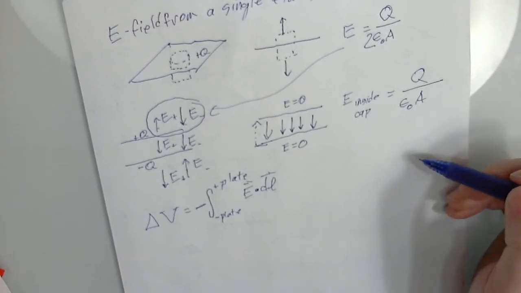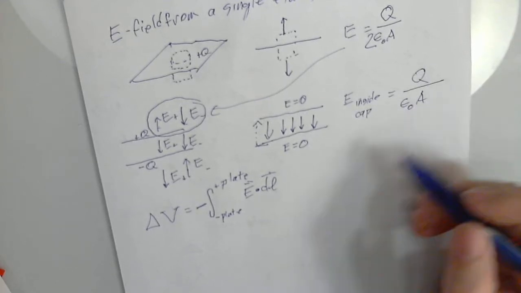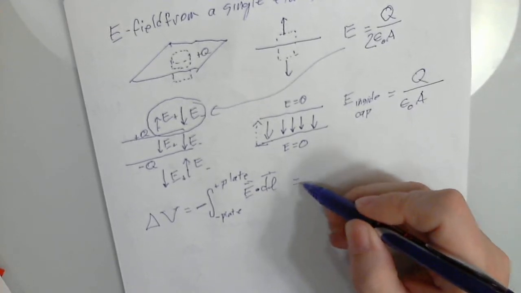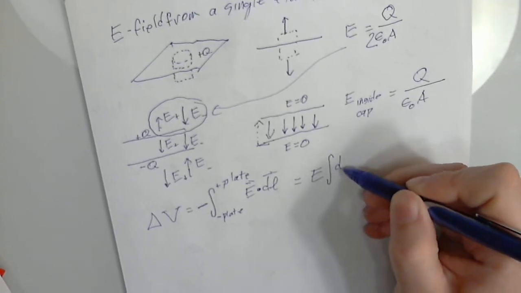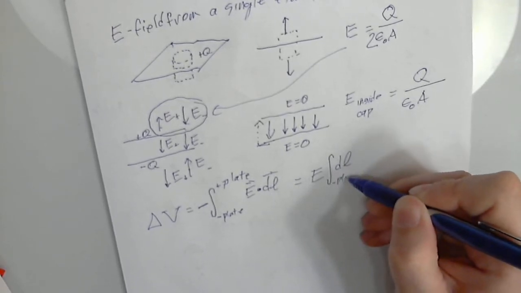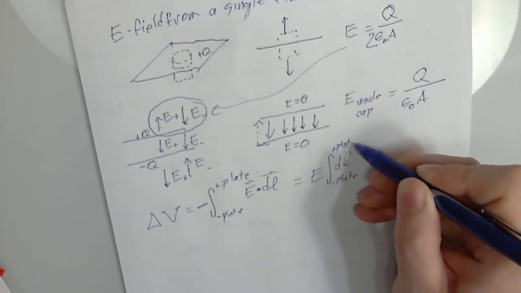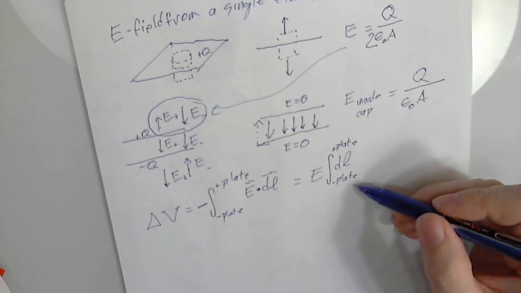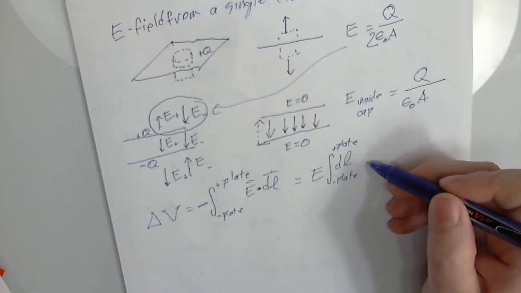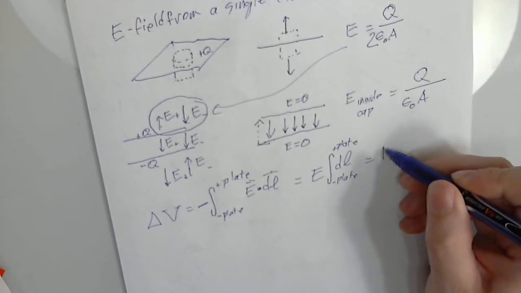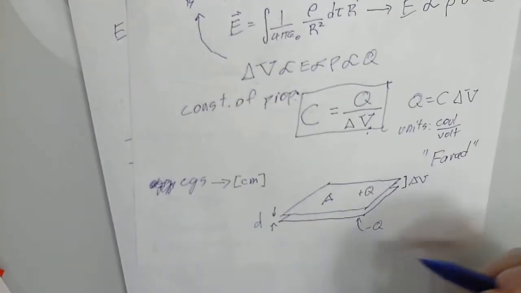All right. Also, the electric field is constant, and so I can pull the electric field outside. And if we integrate the little lengths of distance, we get the overall distance from one plate to the other, which is simply called d from the previous diagram.